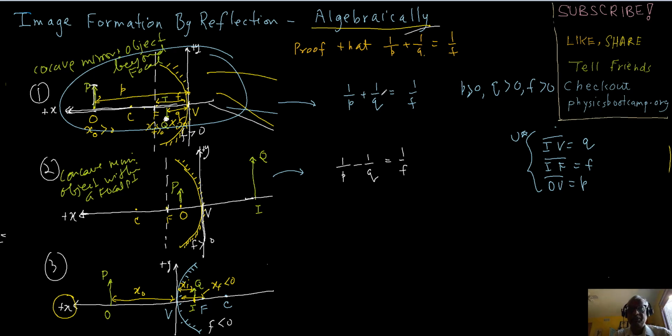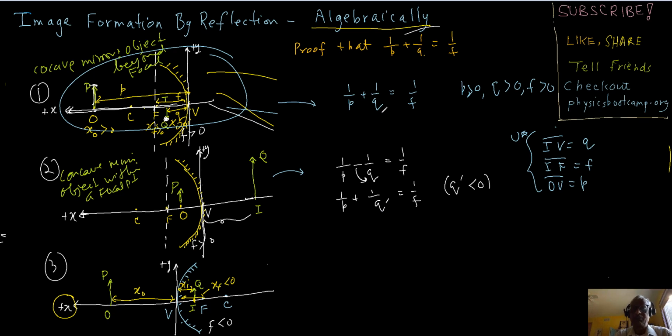Here the equation is not the same as that, except that if I think a little bit, not about the distance but about where it is, then I can absorb this minus sign into the definition of this, so that it will be a negative. So if I say 1 over P plus 1 over Q prime equals 1 over F, now this Q prime is less than 0, and this is the image from the vertex.